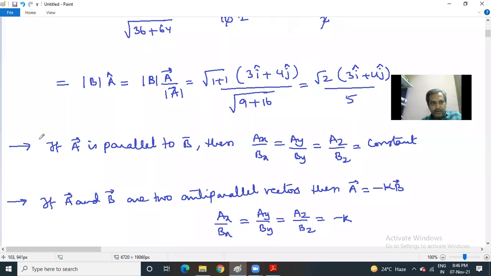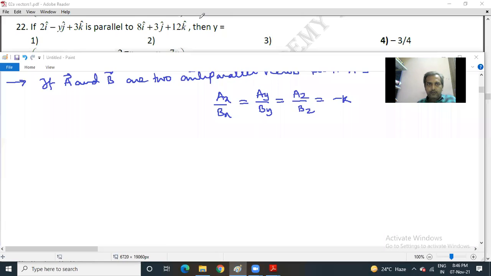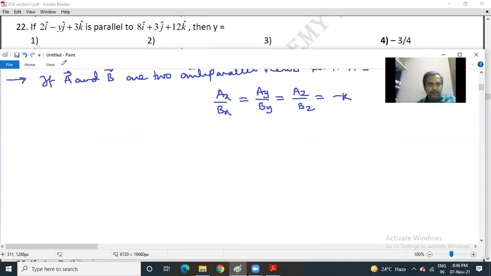Let us discuss a numerical based on this. The question is, if 2i cap minus yj cap plus 3k cap is parallel to 8i cap plus 3j cap plus 12k cap, then we need to find out y is equal to how much.